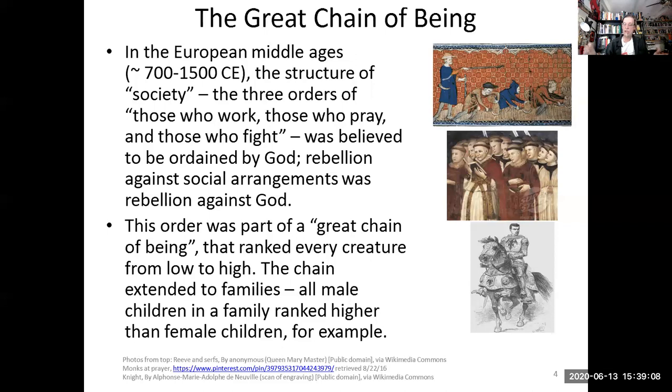So we have this sexual hierarchy of inequality from the Middle Ages and earlier, of course. Anyway, the great chain of being was believed to be just the way the world was, and you had to accept it. If you wanted to improve your station, to move to a higher class, for instance, because classes were ranked as well beyond the household, that could be seen by some as rebelling against the order established by God, and that was not a healthy thing to do in Europe of the Middle Ages.